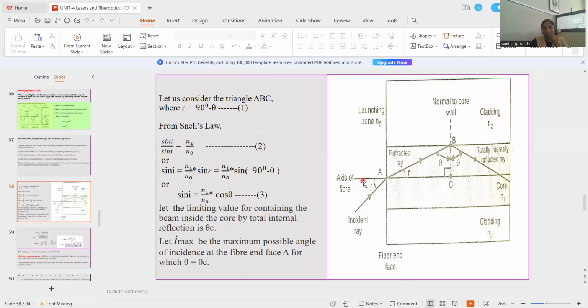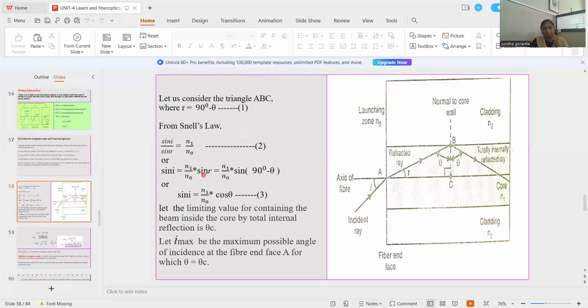This can be written as sin I by sin R is equal to N1 by N naught. From this, sin I is equal to N1 by N naught into sin R.